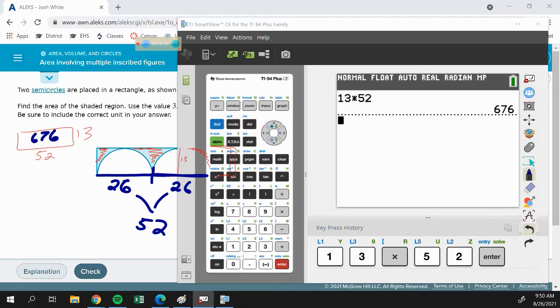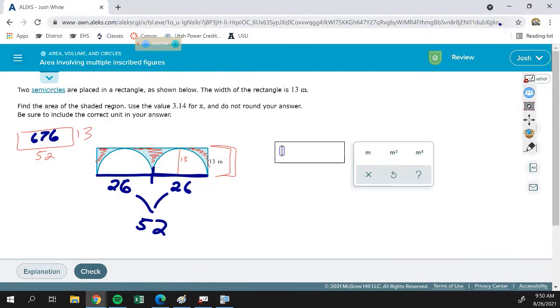Okay, now what? I need the area of the two circle halves. Yeah, 2 half circles is actually equal to 1 full circle. So I can just find the area of the full circle using the formula pi r squared. What number will I plug into pi r squared? 13.